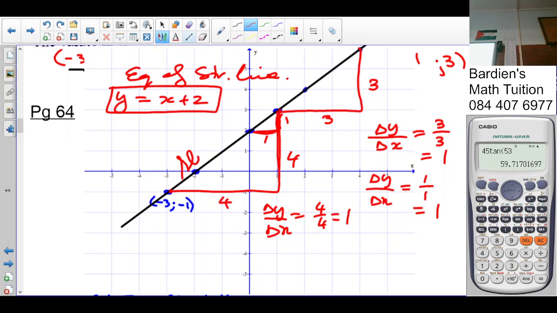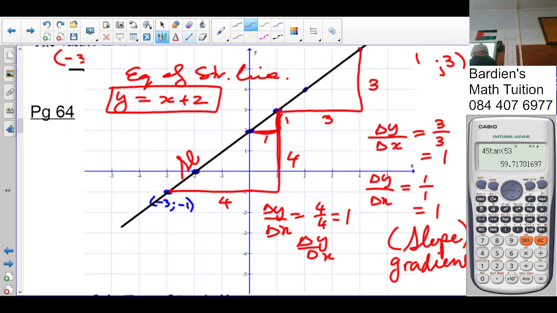The change in y over change in x is known as a slope. A slope is also known as your gradient. The gradient is denoted with the letter m. So change in y over change in x is m.